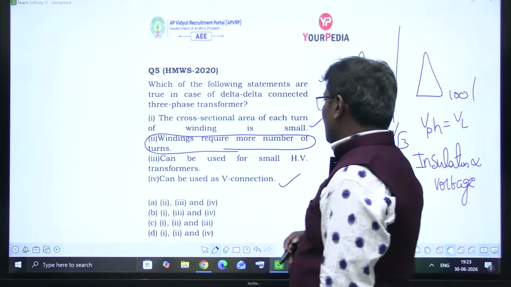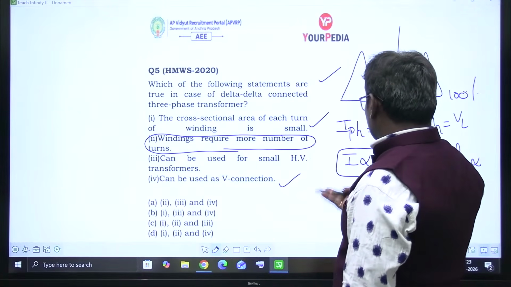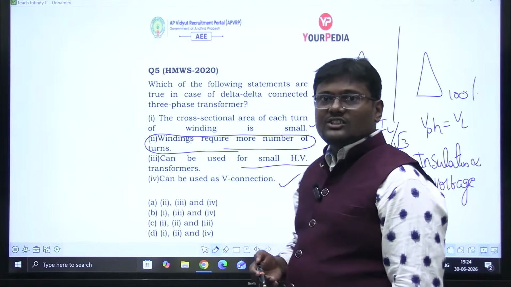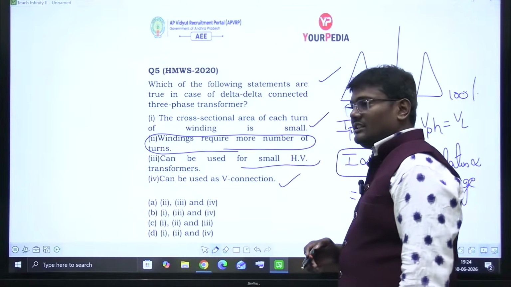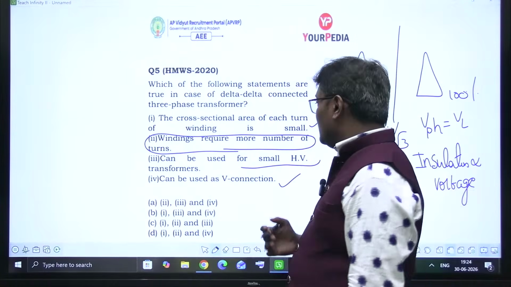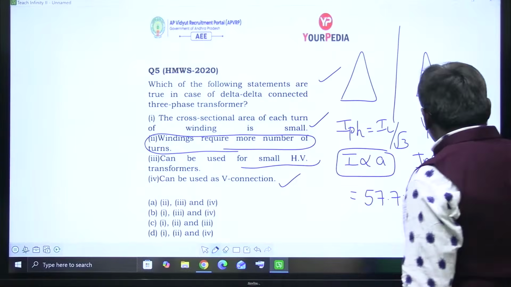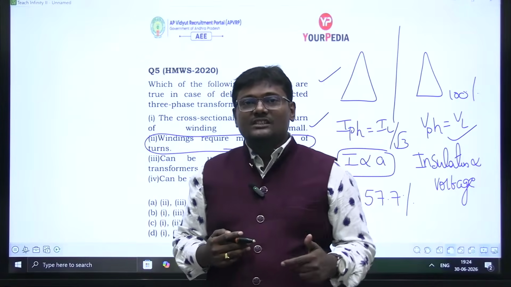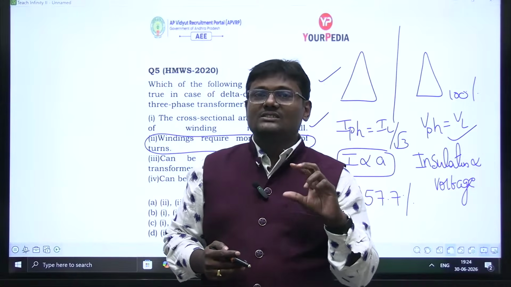And also it can be used for small HV applications. Yes, obviously small HV applications only, right? So in delta we can use small HV. Why, sir? If I use this delta connection for more voltages, what will happen?